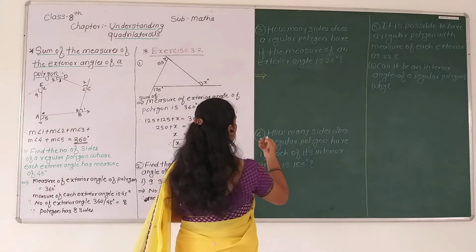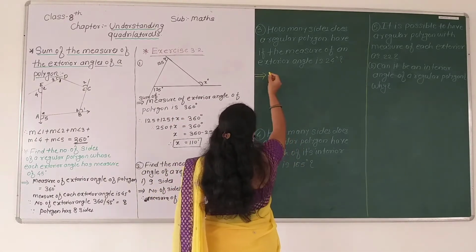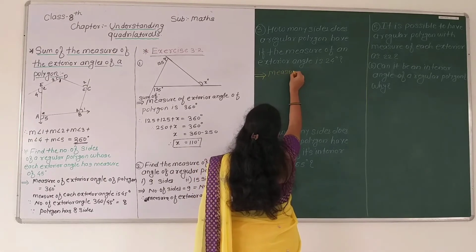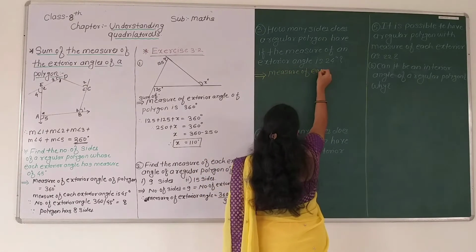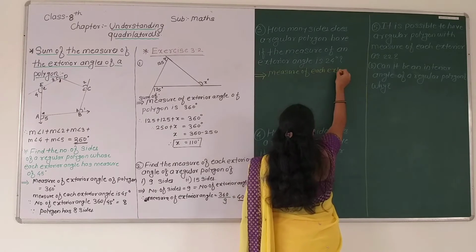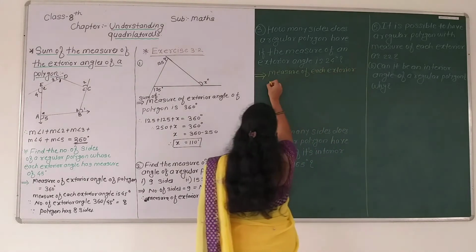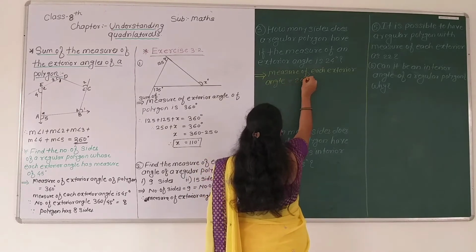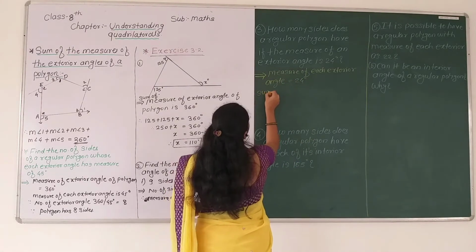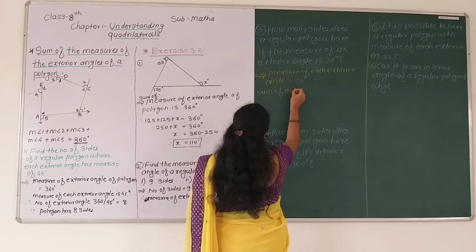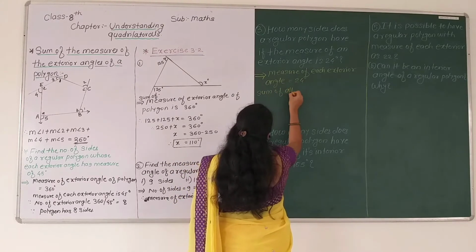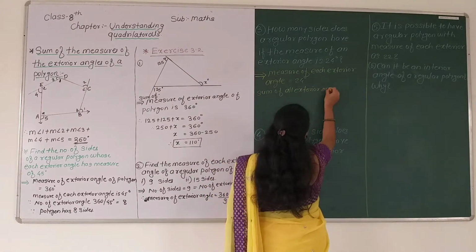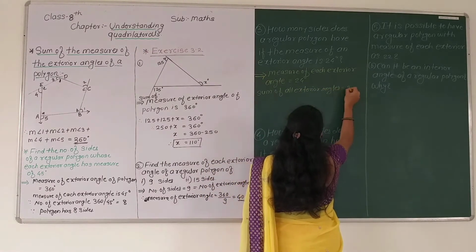Yes. Let us look here. We are given that the measure of each exterior angle is equal to 24 degree and the sum of all exterior angles is equal to 360 degree.